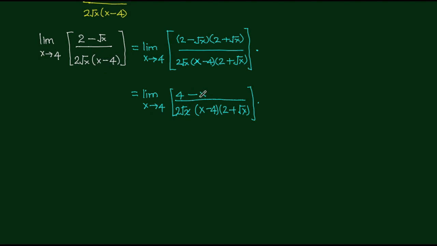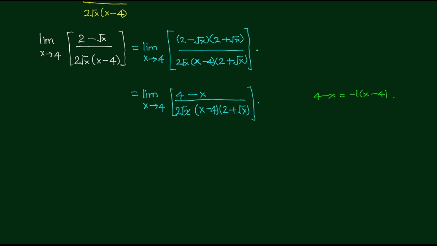So since the numerator is looking somehow similar, we can rewrite this 4 minus x as -1 times x minus 4. If you open up this bracket, you will obtain exactly what we have here.